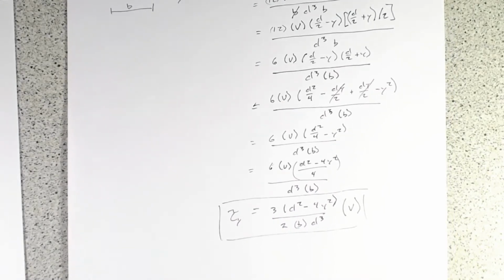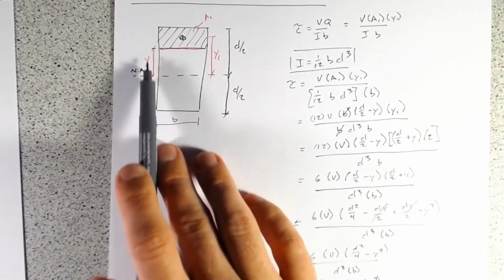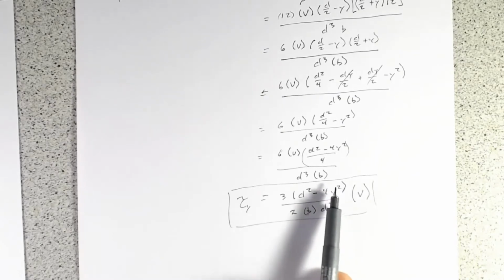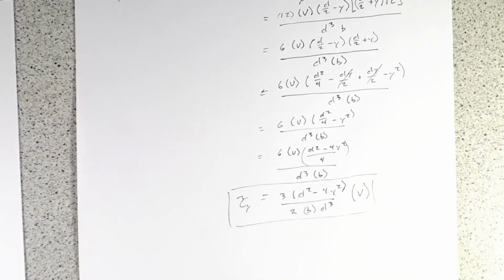That seems like a big algebraic exercise, but it does show us something important: our shear stress at a distance y varies parabolically. It varies by the factor of y squared.